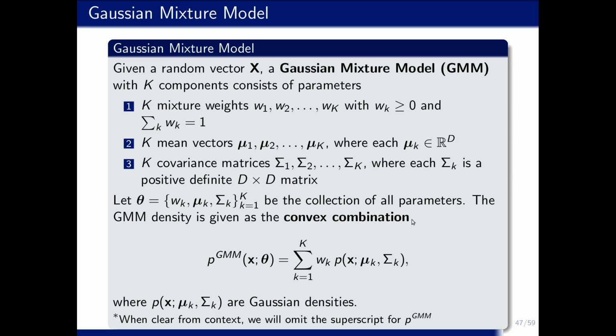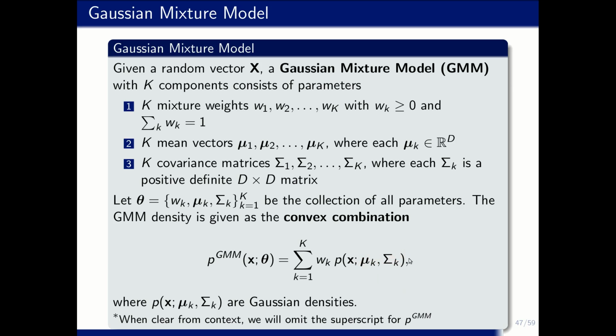A convex combination is a linear combination where the weights are non-negative and sum to 1. The convex combination goes over densities, where this here is the Gaussian density parameterized with the kth mean vector and the kth covariance.